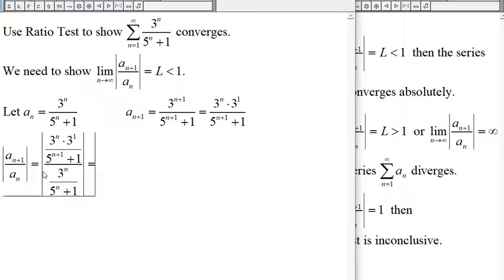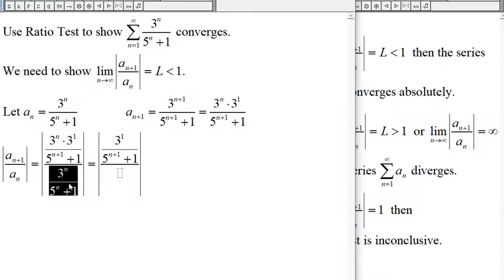And then we can simplify a little bit. The 3 to the n and the 3 to the n will drop out, and then what's left is just this one. So the 3 to the n drops out, and then this 3 to the n drops out, and when there's nothing left here, we put a 1.